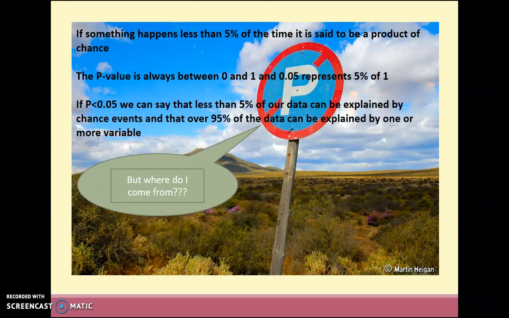So if we get a p-value of less than 0.05, we can basically say that less than 5% of our data can be explained by chance events, and therefore that over 95% of it can be explained by one or more of the variables that we set out to study.